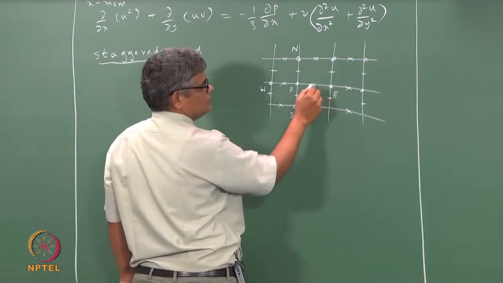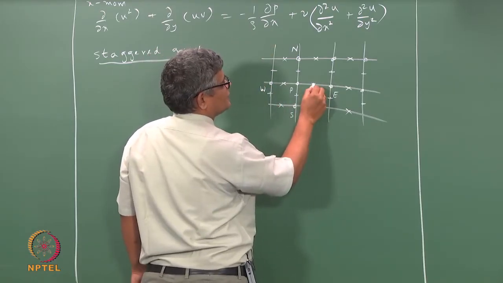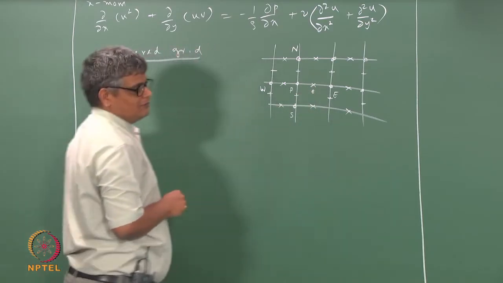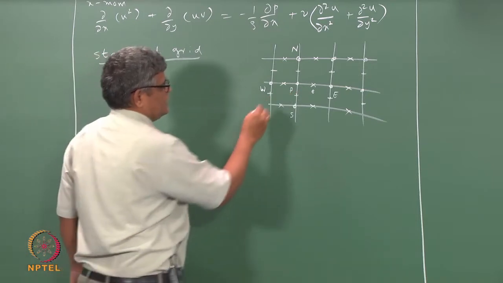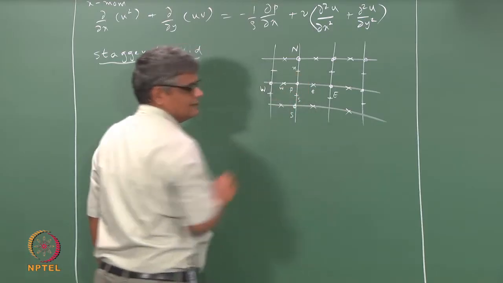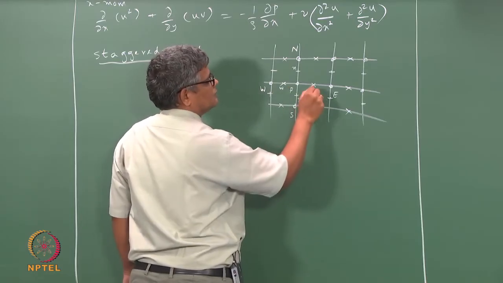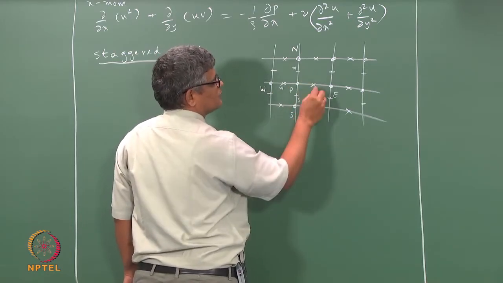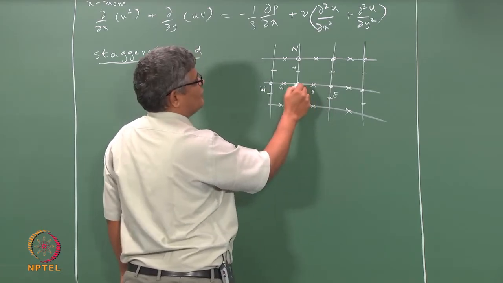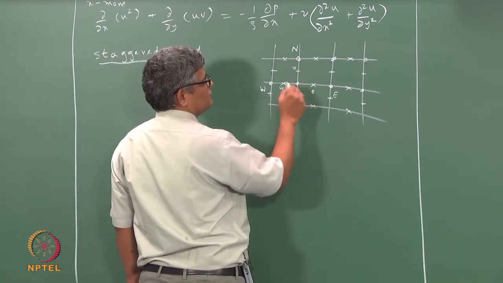The control volume, the cell over which we are trying to integrate this, is centered around this point, which by our definition is small e, because that is the east face. This is the west face, and this is the north face and south face for a control volume which is centered around capital P. So, for the x momentum equation, we have a control volume centered around the east face of a control cell for pressure evaluation.